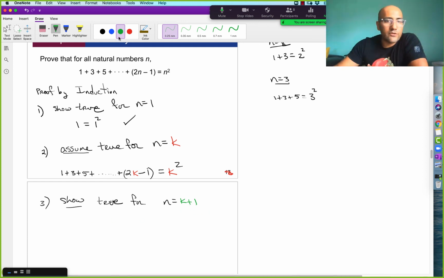So what we're trying to show is that 1 plus 3 plus 5 plus dot dot dot, way out here, is the k plus 1th odd number, which means it's equal to 2 times k plus 1 minus 1. That's the k plus 1th odd number. And I want to show that this is actually equal to k plus 1 squared.